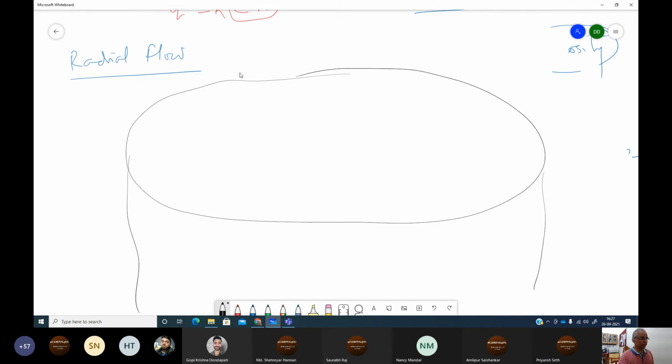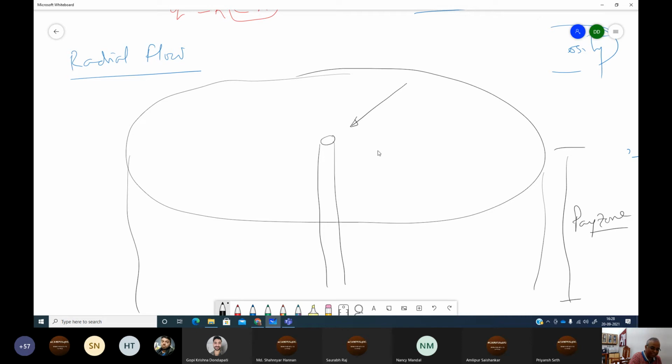I'm just drawing a big cylindrical reservoir, and I made a hole here to get the oil. Now this is the pay zone where the oil is. If I make a vertical well to get the oil from below ground, then the oil is going to flow like this, right?